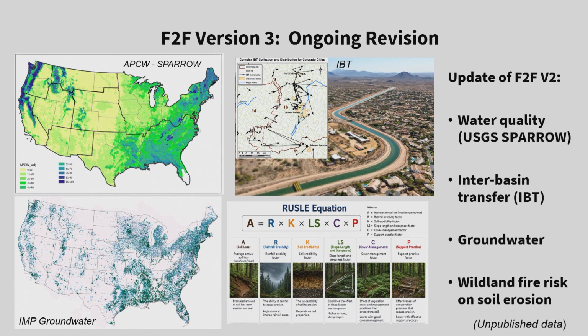Also, we are in the process of improving this tool, because we developed this tool 5 years ago. And we are adding more complexity to it. For example, we are using the real water quality from the USGS data instead of the surrogate of land use.